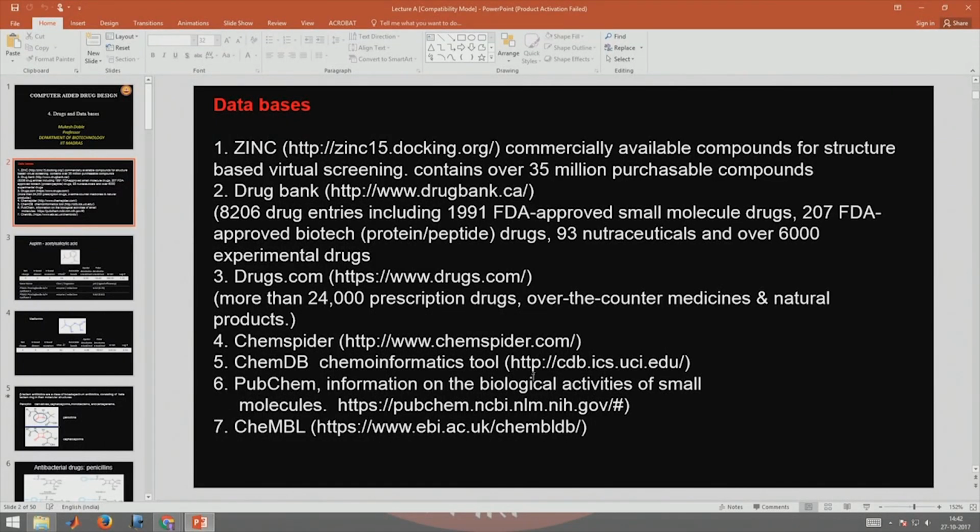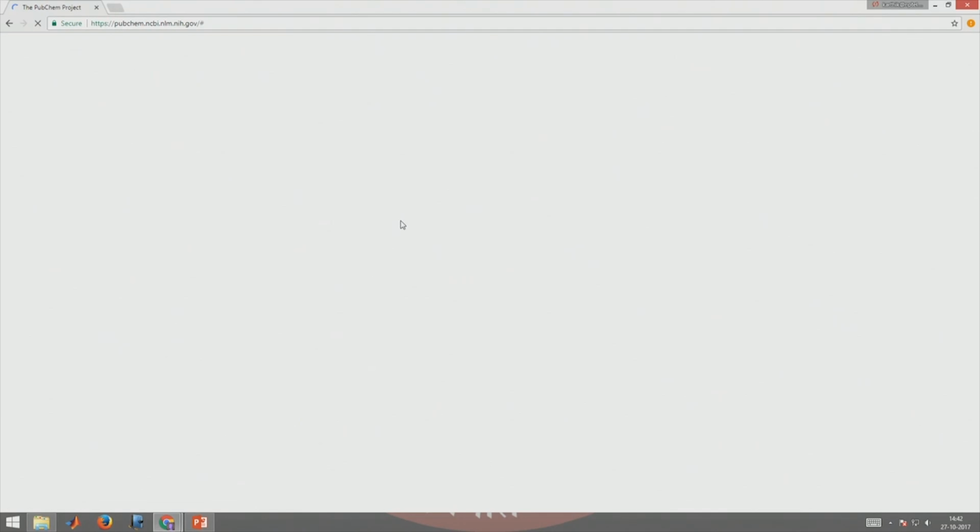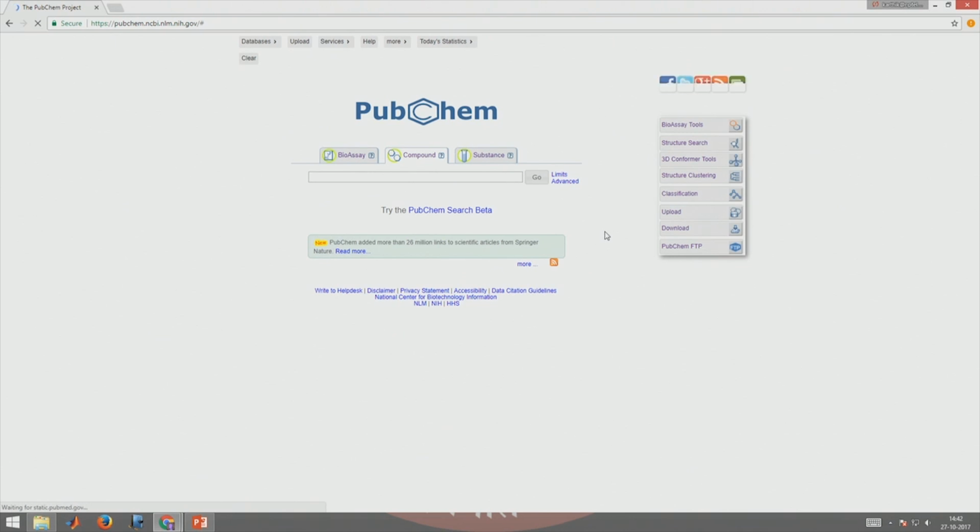Then we also have the PubChem database, which gives you information on various types of compounds. This is called the PubChem database. Again, this has a large number of structure searchable options. We can give property searchable options, 3-dimensional structure searchable options, and so on.